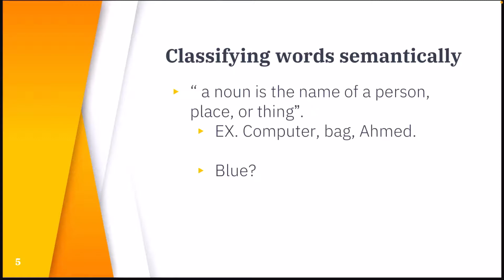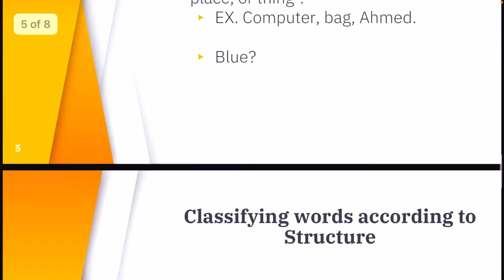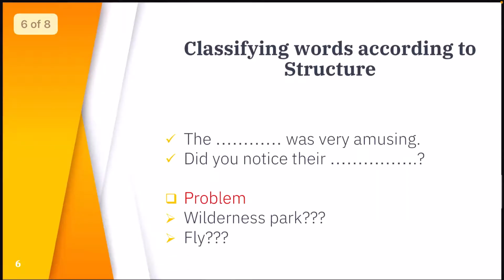Let's give you an example. Let's start with the first example. The is an article, meaning the is a function word, followed by a blank. Now, we know that definite and indefinite articles, these are function words, always precede nouns.